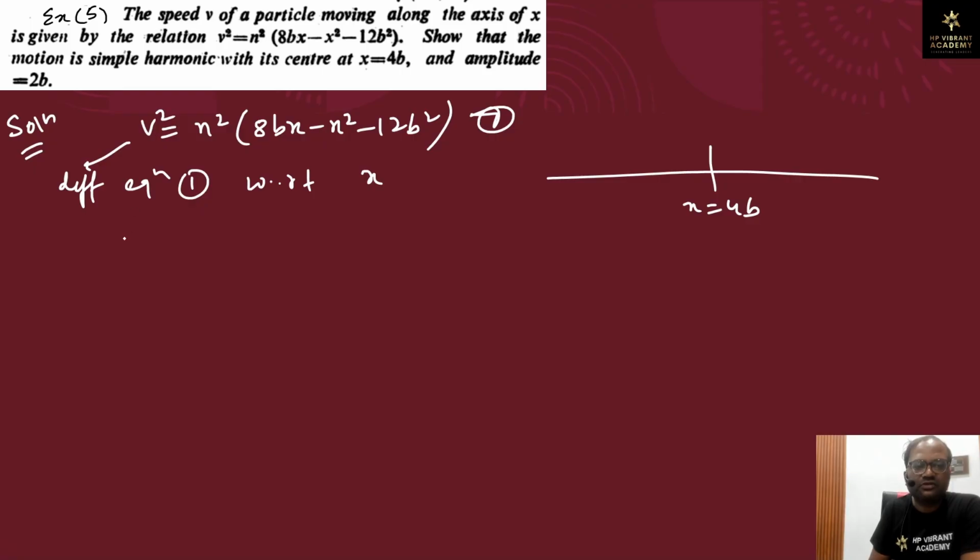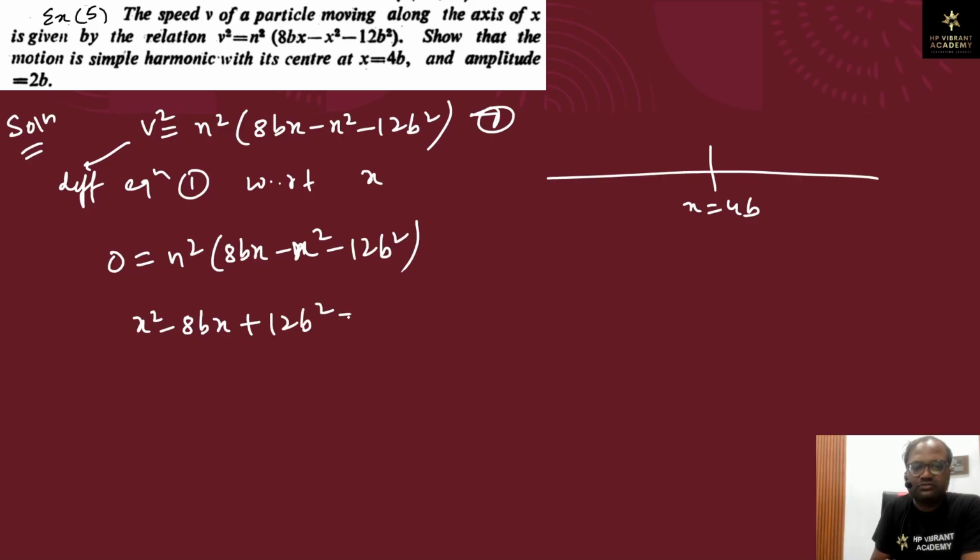So let us put v is equal to 0. 0 is equal to n square into 8bx minus x square minus 12b square. So we have x square minus 8bx plus 12b square is equal to 0. So we have x square minus 2bx minus 6bx plus 12b square is equal to 0.